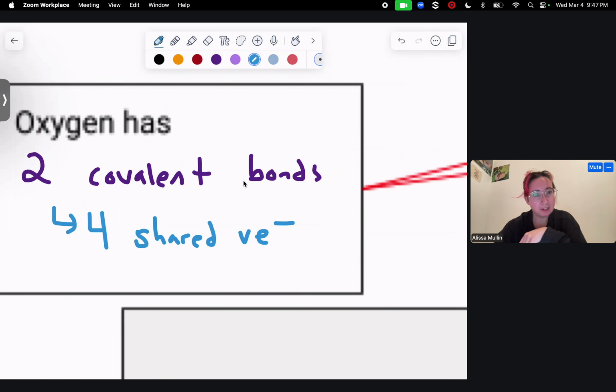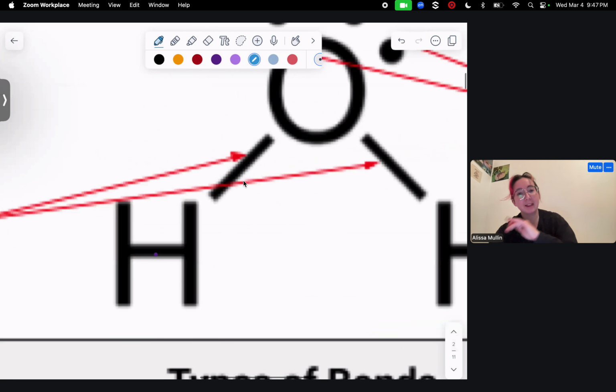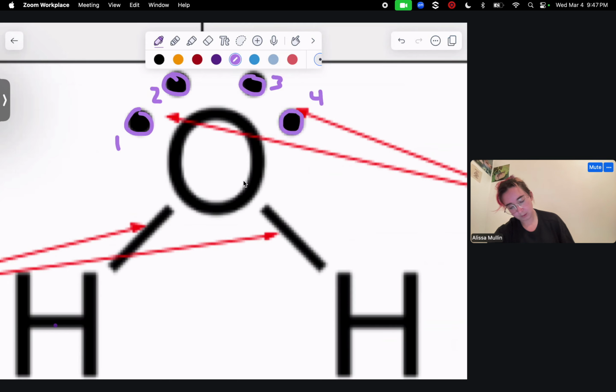So let's summarize that. I want to look at oxygen, and I want to practice that we can tell how many electrons oxygen has based on one of these structures. So what you're going to want to do when we assess this, you're going to want to look at anything attached to the atom. So like what's attached to oxygen? I see we have these dots, right? So there's 1 electron, 2 electrons, 3 electrons, and 4 electrons. All right.